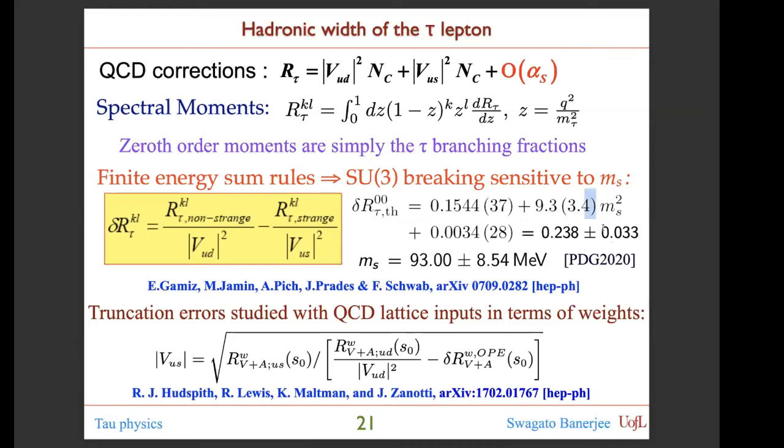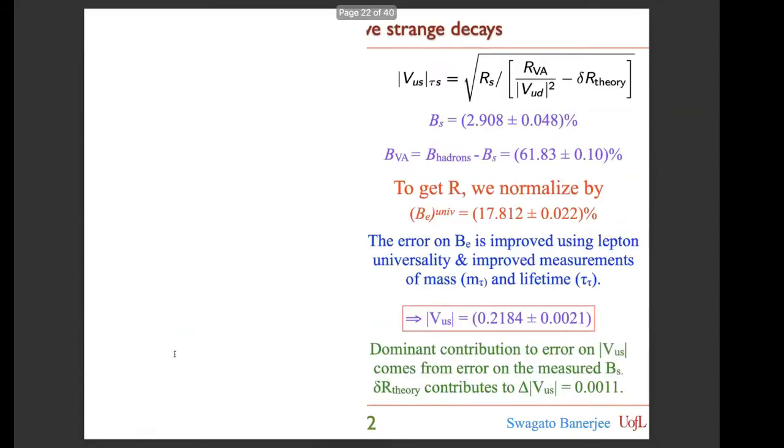Using the latest corrections, we get about 0.238 plus minus 0.033 as the delta R correction. And then using this delta R, we can measure the Vus by measuring the R strange and the R non-strange. We can also use some weights which are obtained from lattice as an alternative, and that gives a similar equation that can be used to obtain the Vus from tau decays.